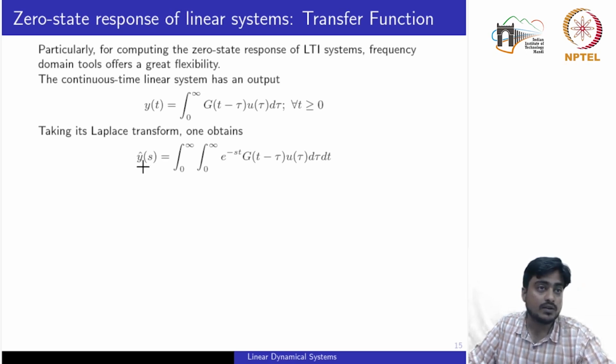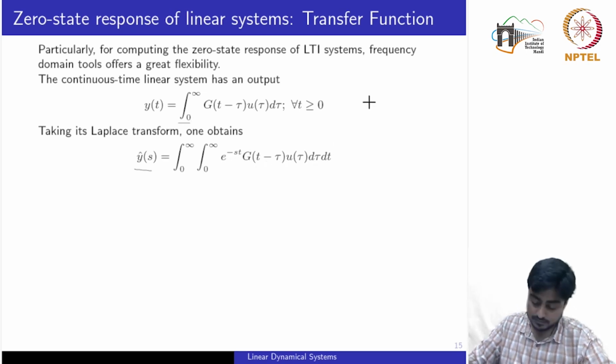Whenever we are using the frequency domain transformation of any time domain signal, we will introduce a hat over the same variable, which is what has been done here, y hat of s. So if we take this integral from 0 to infinity of this one, it is given by e to the power minus st, g of t minus tau, u of tau, d tau and dt.